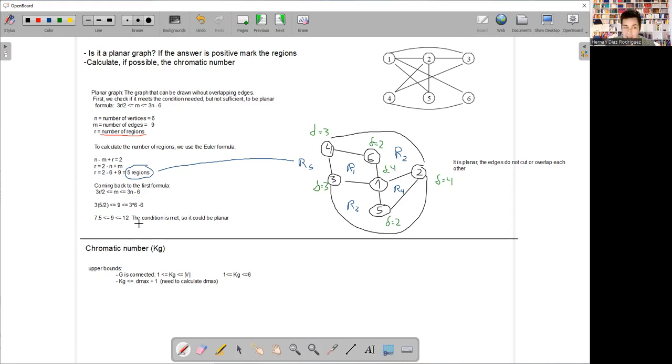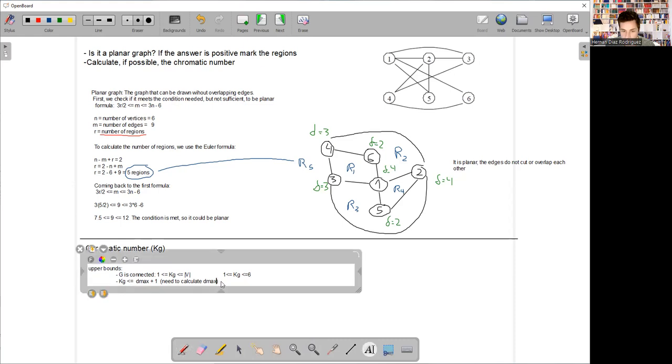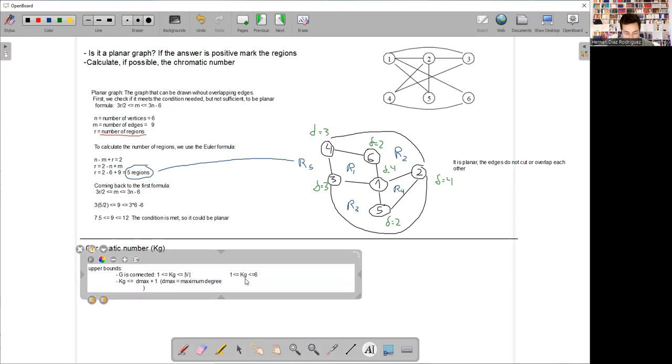So we can say that the maximum degree of the vertices of the graph is equal to 4, right?